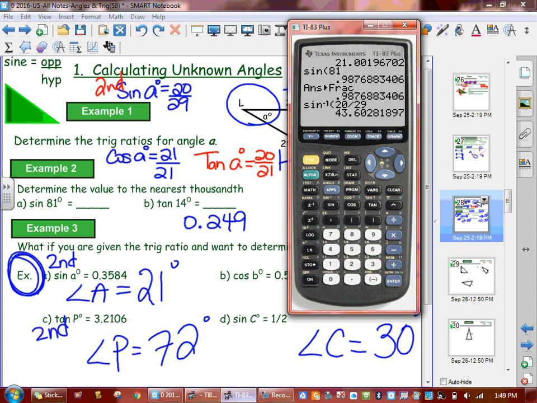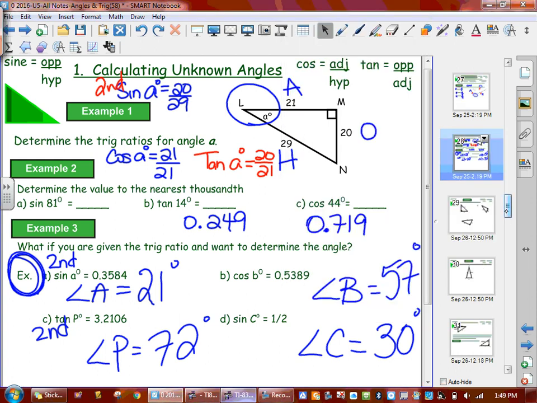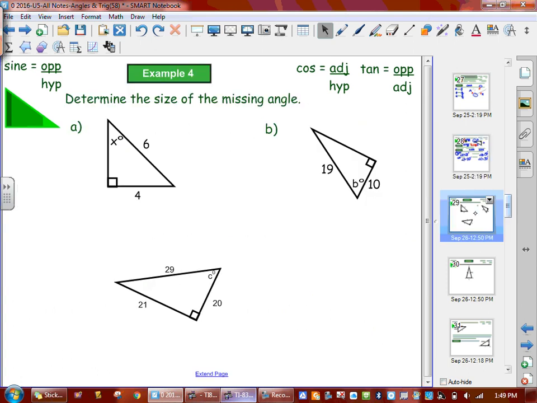Okay, let's take a look at the next couple. These ones, we're just going to write up the very first. Again, we're going to circle and label. Circle, and now we label. So we've got the H leg and the O leg. So if I only have O and H, what do I have to use? Sine.